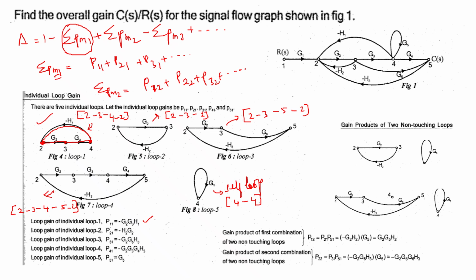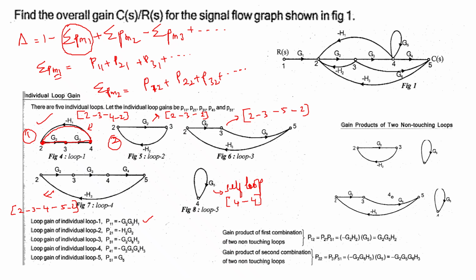Then we will go for sigma PM2, the gain products of two non-touching loops. Consider the first individual loop and the second individual loop. Check the node equations: 2, 3, 4, 2, and 2, 3 back to 2.